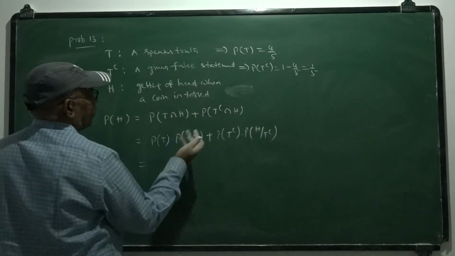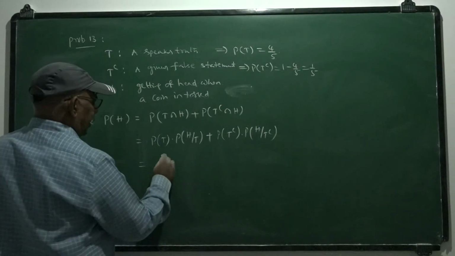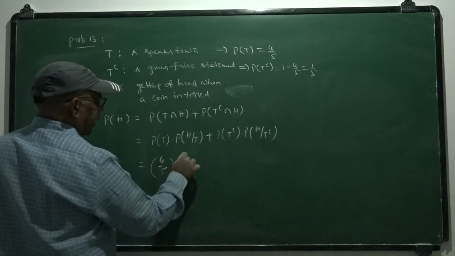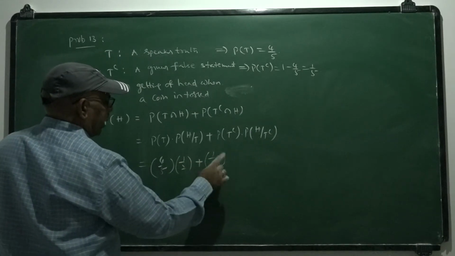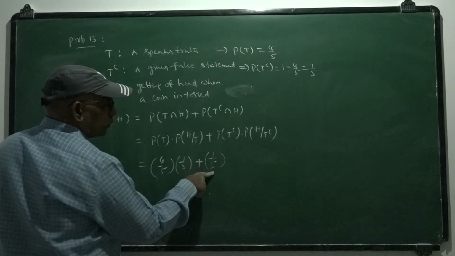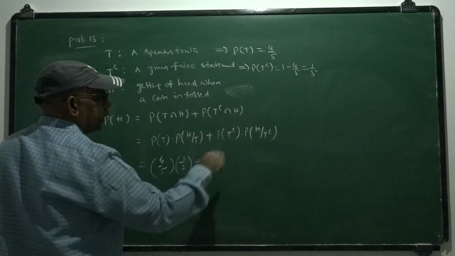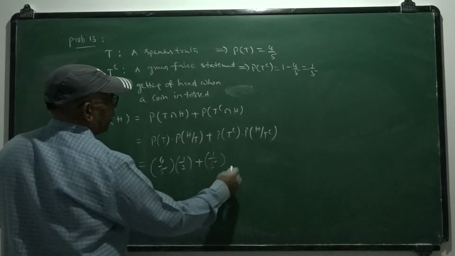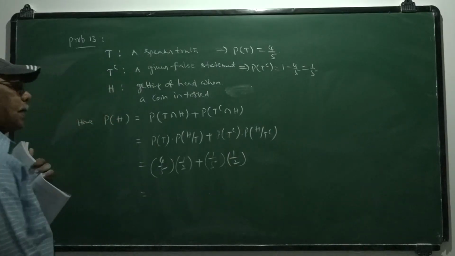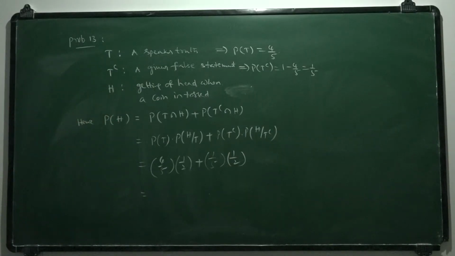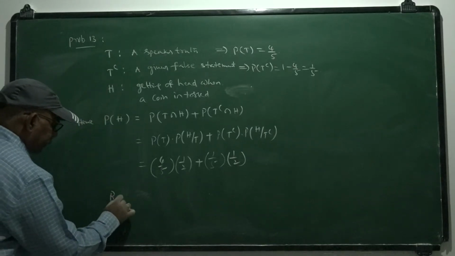It is independent of T. So probability of T is actually 4 by 5 and probability of getting head is 1 by 2. Not getting head and actually getting tail, even though he reports that it is head, that is a false statement. So, 1 by 2. Required probability.